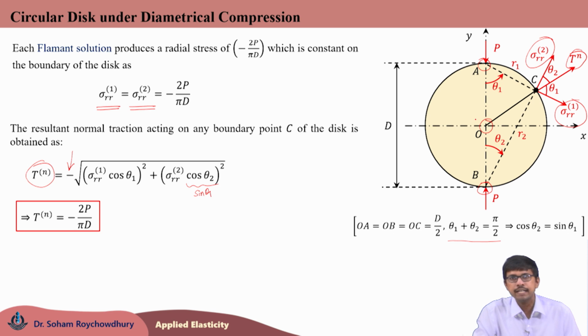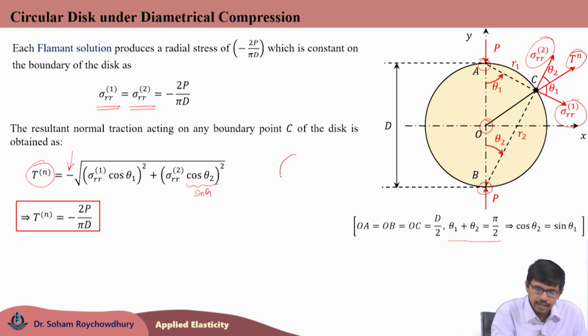As it has negative magnitude, it means it is actually compressive. So, here Tn is basically causing a compressive stress intensity with magnitude 2p by pi d. This is coming due to Tn.